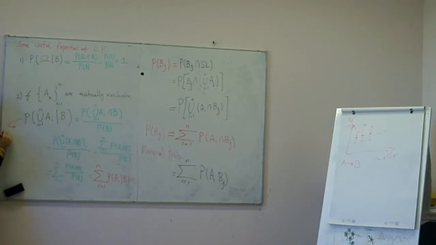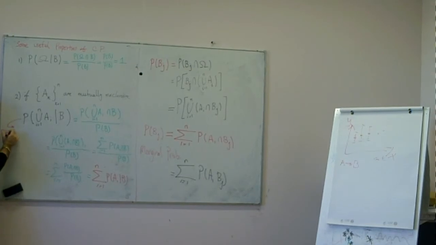We can write it in this form also: P of (A1 union A2 union ... An) given B. This is equal to the probability of A1 given B plus the probability of A2 given B plus ... plus the probability of An given B. And we have the condition that the Ak's are mutually exclusive.